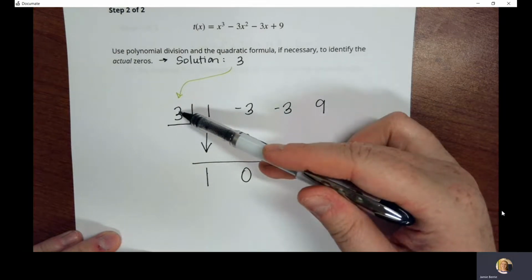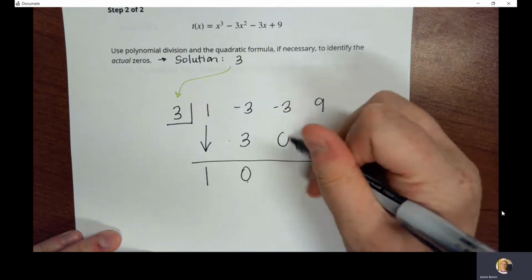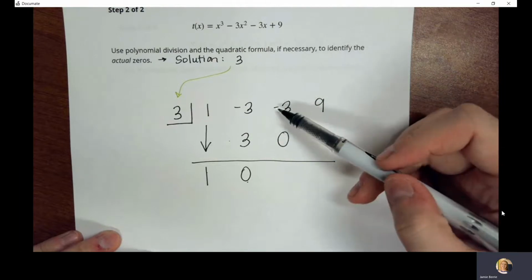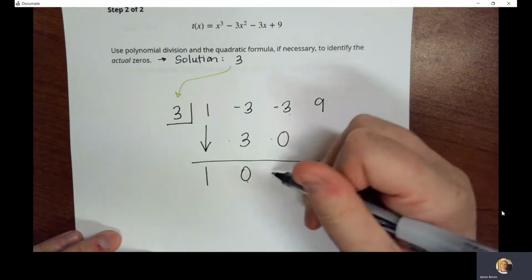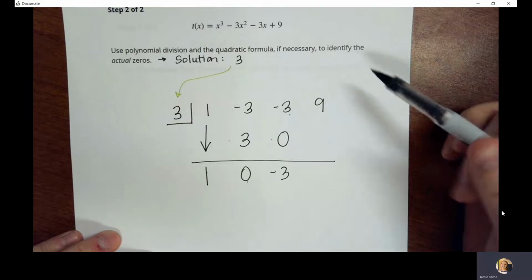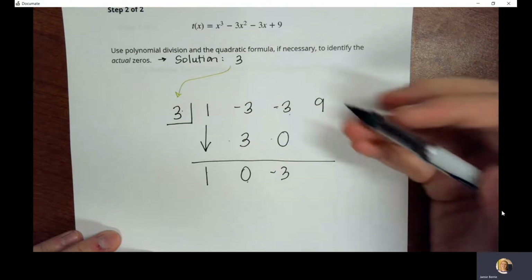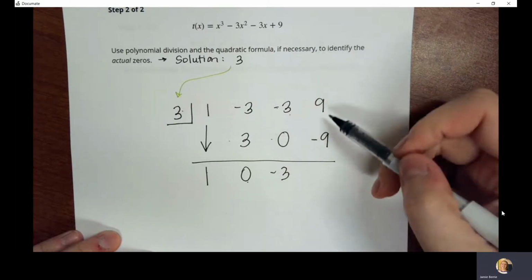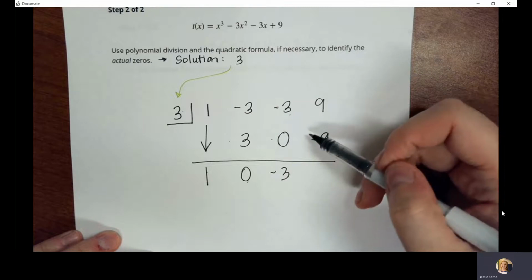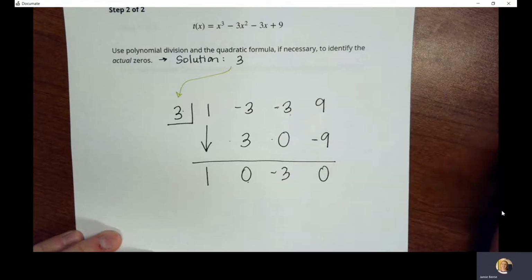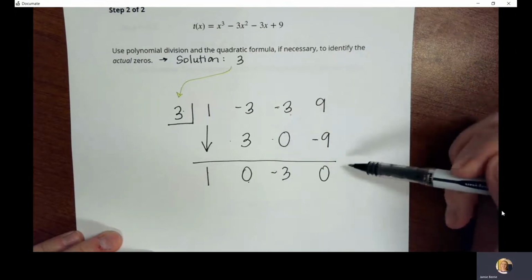Multiply again. 3 times 0 is 0. Add: -3 plus 0 is -3. Multiply again. 3 times -3 is -9. Add: 9 minus 9 is 0. So here's our quotient.